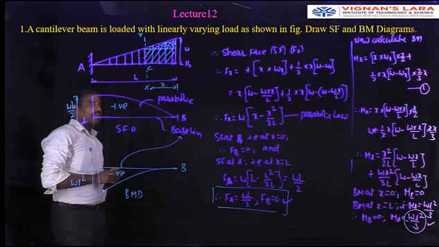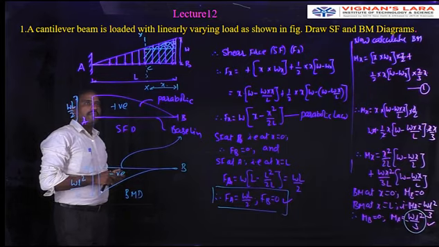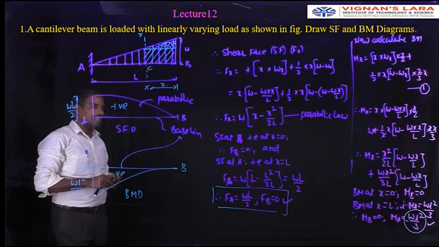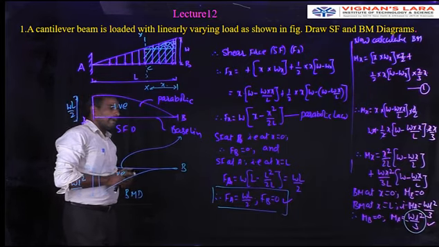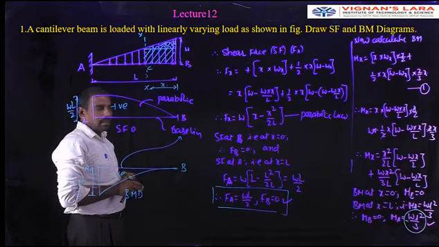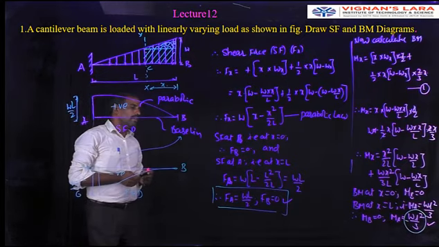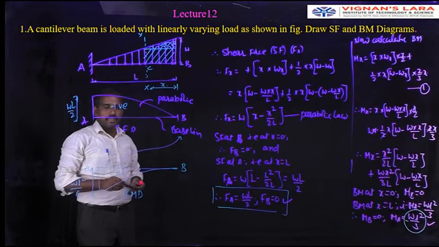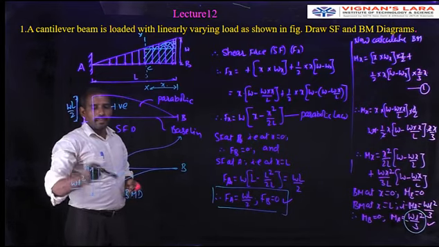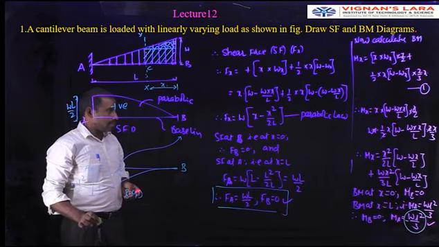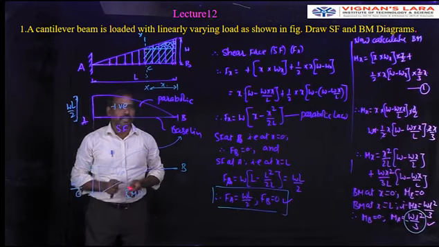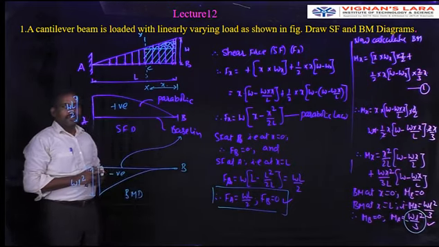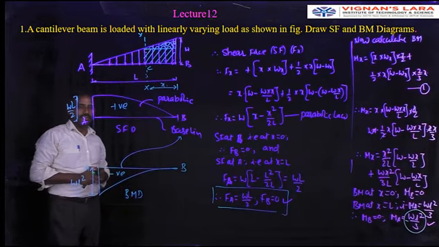From that you can calculate the bending moment with respect to the section xx. Finally the bending moment is 0 at B and the bending moment is WL square by 3 in a sagging moment, that is drawn graphically in the bending moment diagram. So that is the cantilever beam subjected to a linearly varying load.